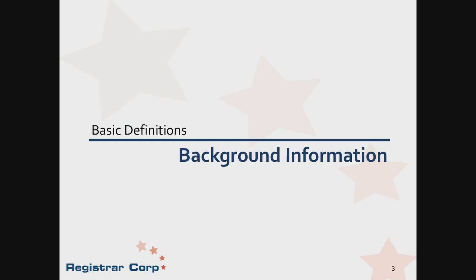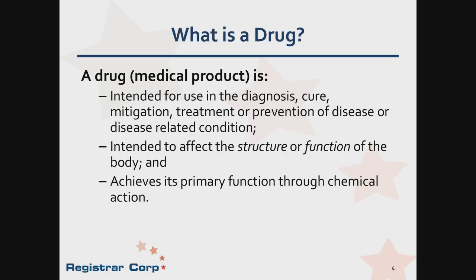We are going to start with some background information according to FDA's requirements for products that fall under regulation as drugs. A drug by definition is intended for use in diagnosing, curing, mitigating, treating, or preventing a disease, intended to affect the structure or function of the body as its primary function through chemical action.